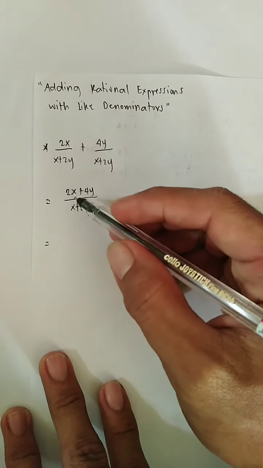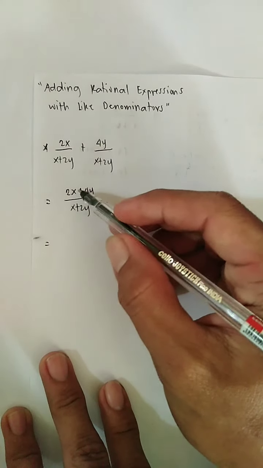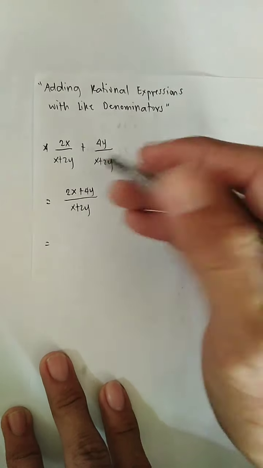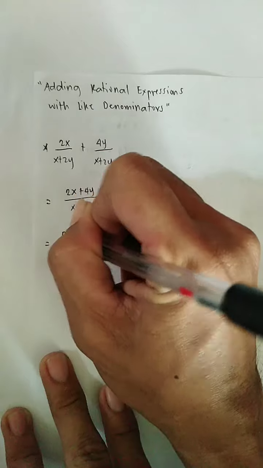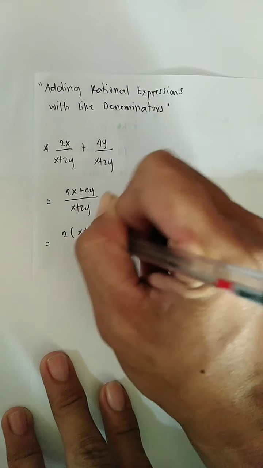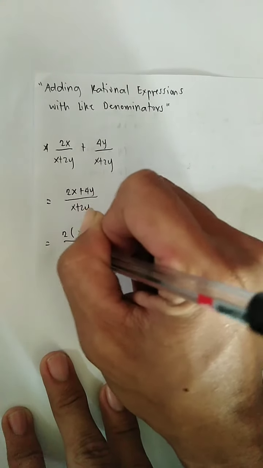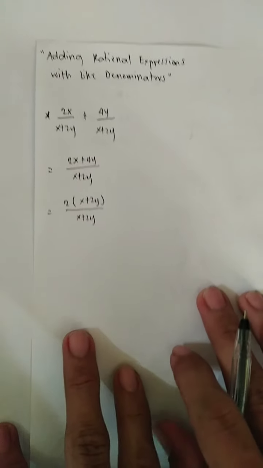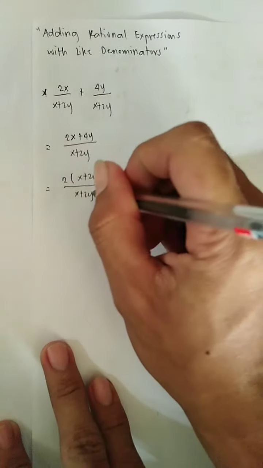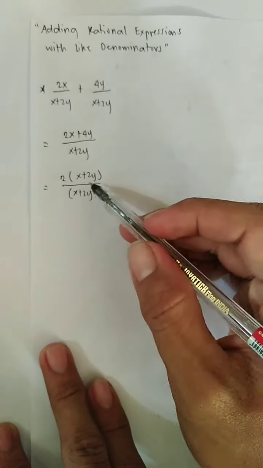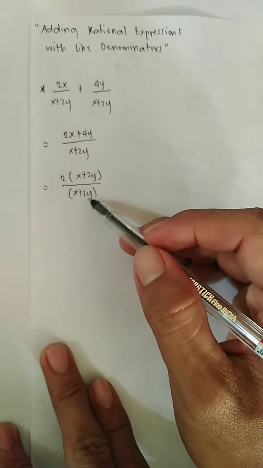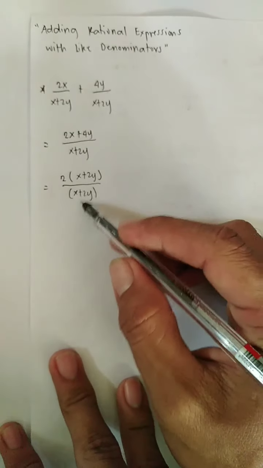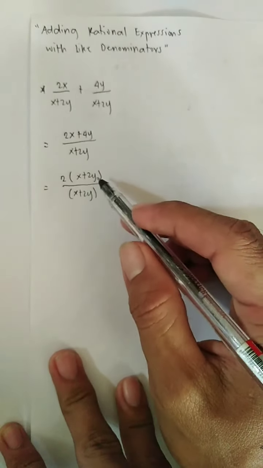We have 2 times x plus 2y all over x plus 2y. We have x plus 2y in the numerator and x plus 2y in the denominator, so we can cancel out x plus 2y.